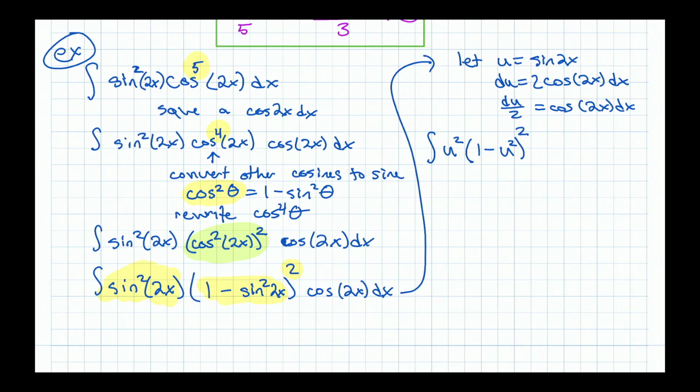And then the last part, we have cosine 2x dx, which of course is du over 2. So we say du over 2. Now we can integrate, but before we integrate, we have to multiply this all out.